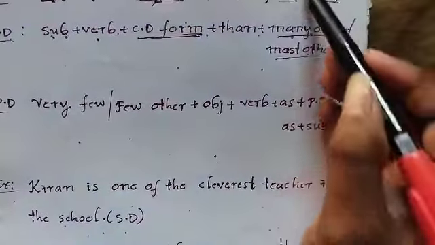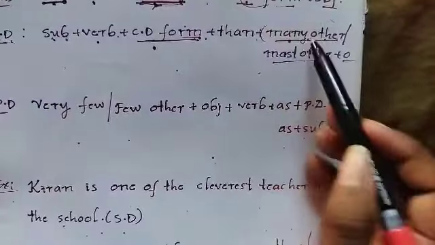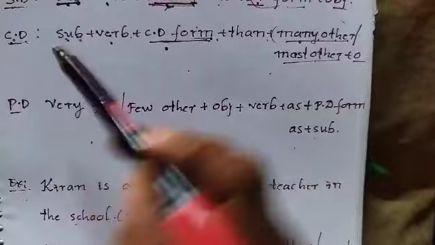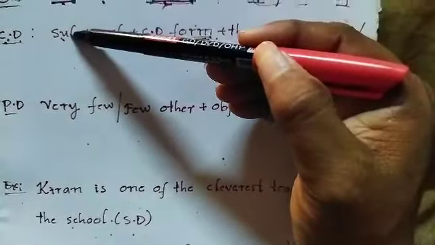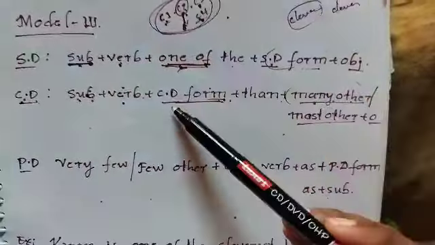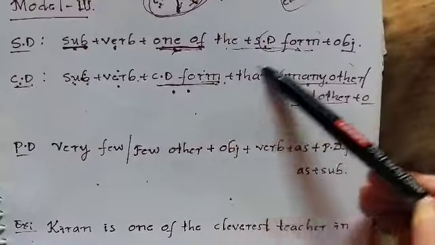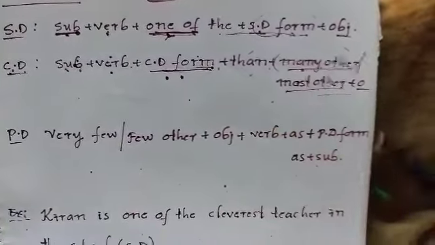So what is required here? SD form is there, here CD form is there; here one of is there, but here many other, most other is there. So see the variation: subject to subject, verb, here SD form, here CD form. Next, than, many other, most other plus object.